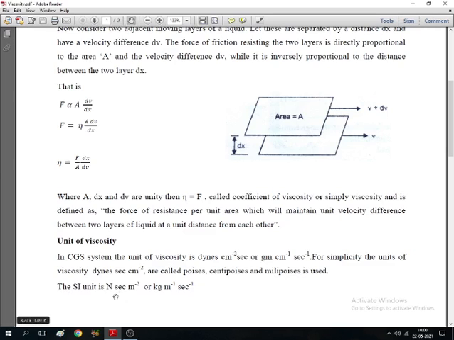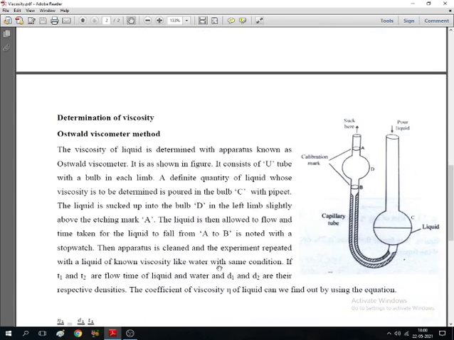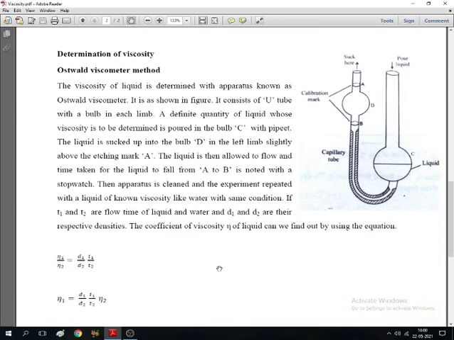In SI, the unit is newton second meter inverse square, or kilogram meter inverse second inverse. Now the next point is determination of viscosity by the Ostwald viscometer method.